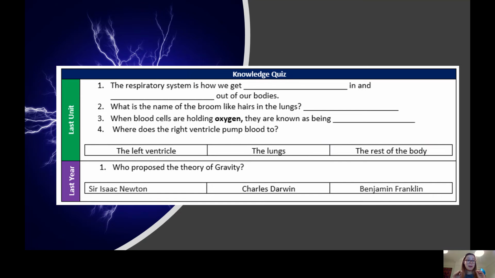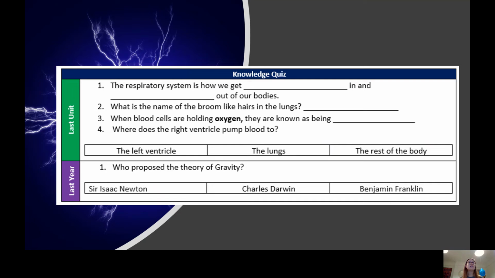When I say bleep, that means blank, and that means you have to write the answer. I'm going to repeat the question. The respiratory system is how we get blank in and blank out of our bodies. Please pause the video here and write down your answer. Little tip, there are 2 types of gases.